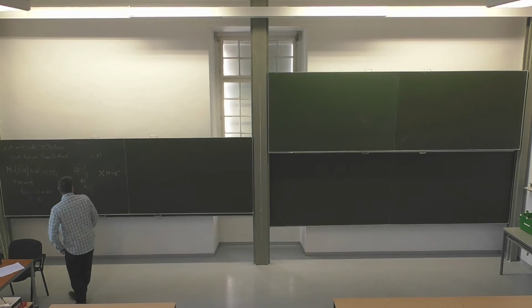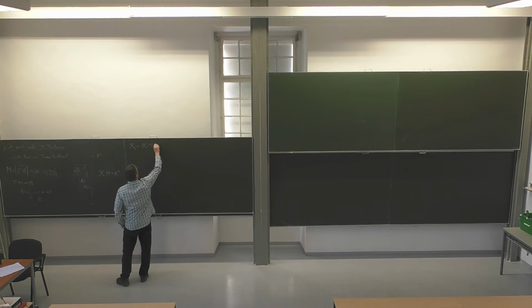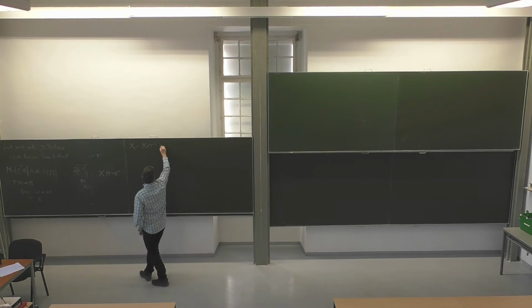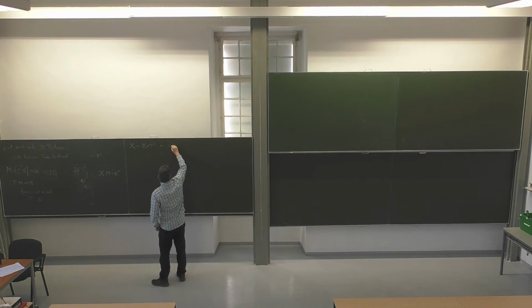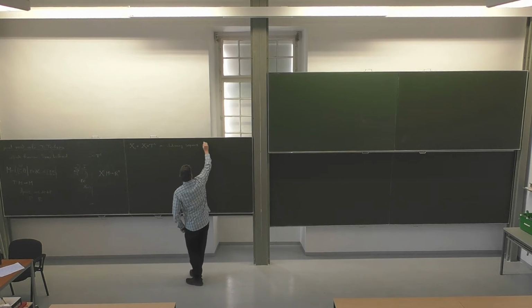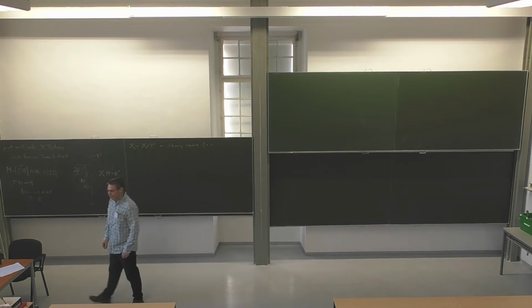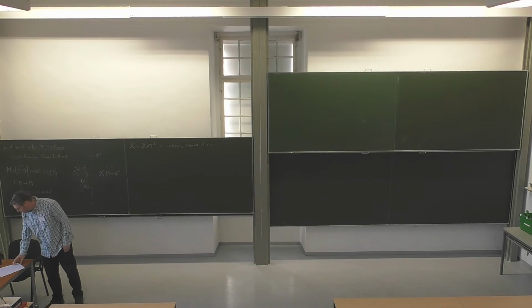With this notation, I will also introduce X_i, which is X at T^i, and this is a stationary sequence of random variables with respect to this measure.